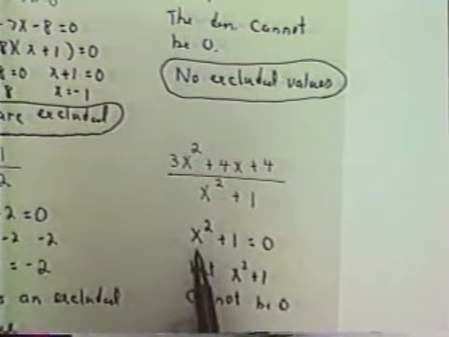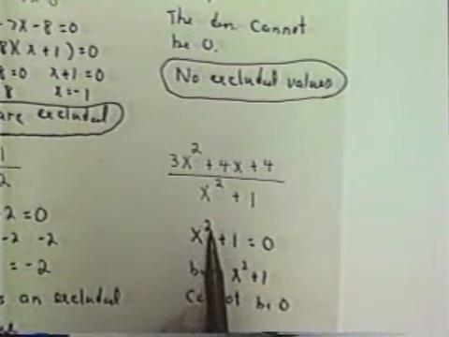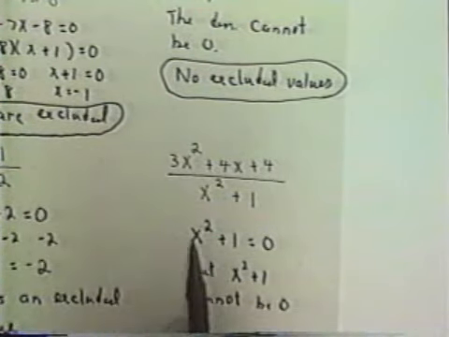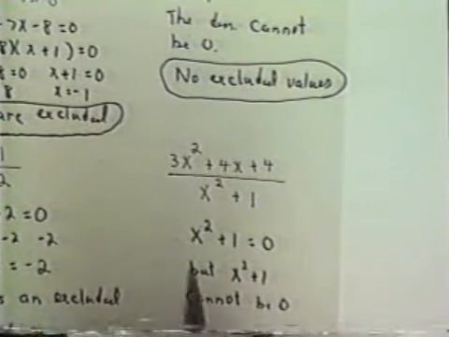The reason is, no matter what value you pick for x, x squared is going to be positive. For example, if you let x be 1, 1 squared is 1, 1 plus 1 is 2, so it will not be 0. If you let x be negative 1, a negative 1 squared is positive 1, 1 plus 1 is 2, and not 0.